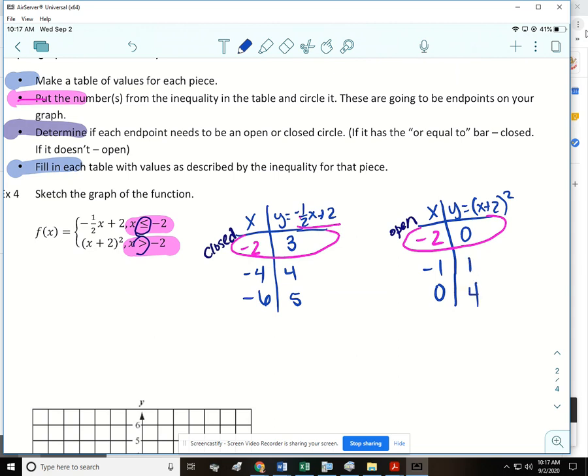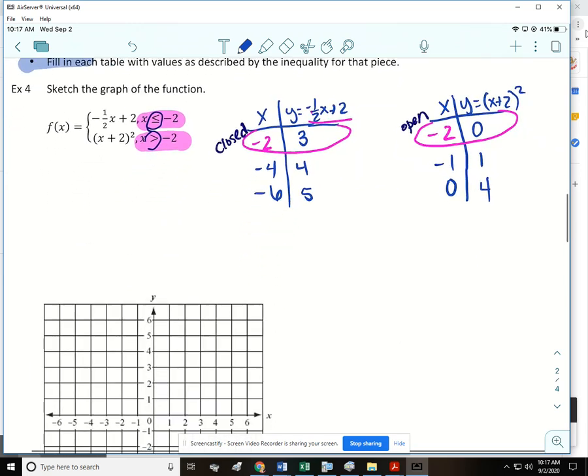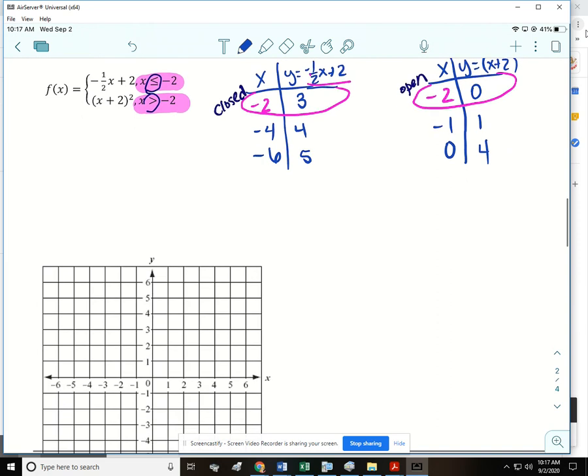Now hopefully in your minds you know that one side of this is going to be a line because y equals -1/2 x plus 2 is a line. And then the other side is going to be part of a parabola. I guess I should say the first side was part of a line. The second side is part of a parabola. So when you get done, make sure that matches up.